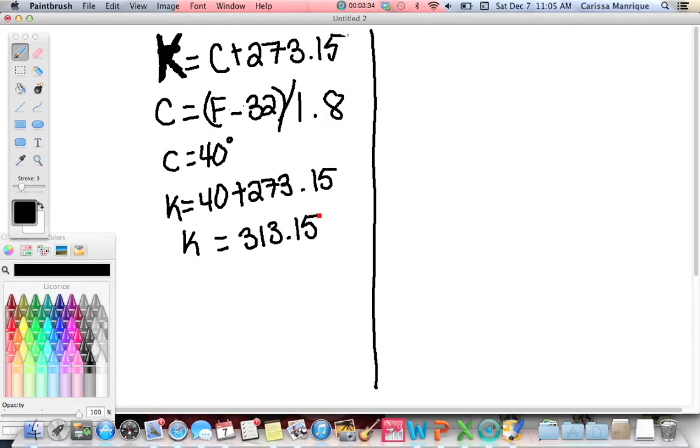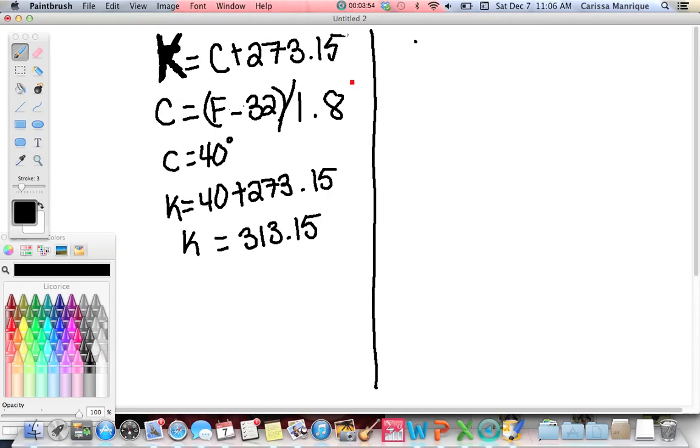Now that didn't really tell us much. We were able to convert it into Kelvin, that was pretty easy, but it's still hard to tell if the baby is running a fever. So let's convert it into Fahrenheit. We're going to use this formula right here, since we have a Celsius and a Fahrenheit within the formula.